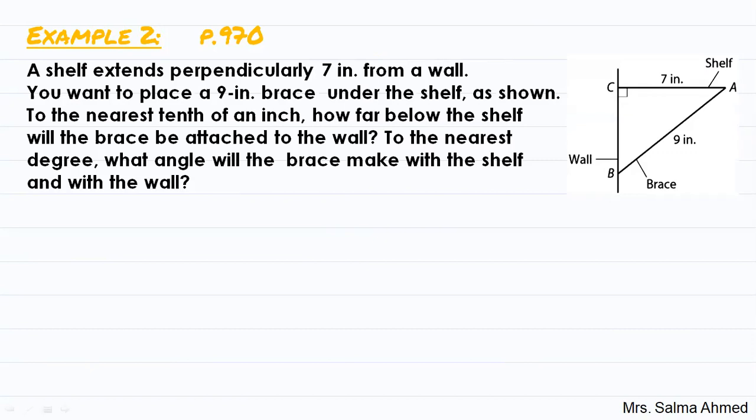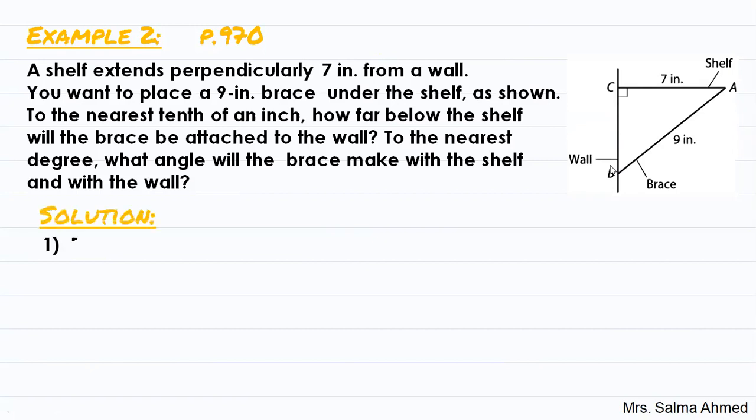So here we have to get the BC, and this is the shelf, which is AC, and this is the brace, which is AB. So I have, this is 9 and this is 7, and I need to find the third side. Then I need to find these two angles, angle A and angle B.